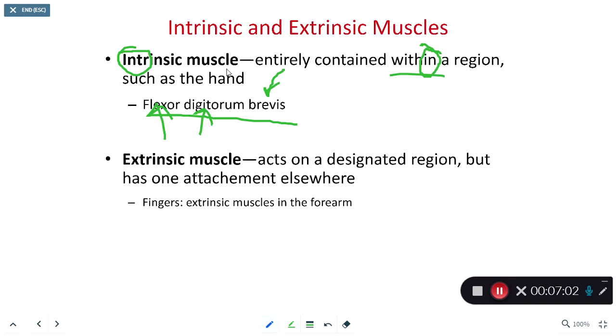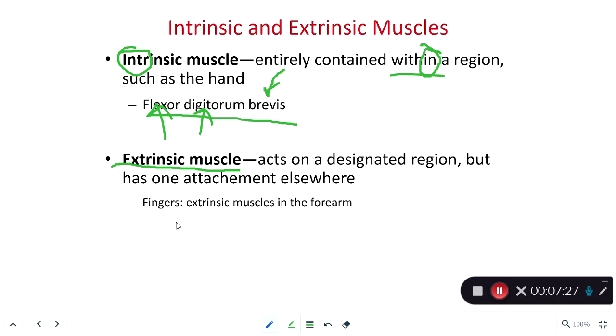Other muscles, such as extrinsic muscles, are going to be housed in one part of our body, but cause a separate part of our body to move. For example, if we look at our fingers, we have some extrinsic muscles on the forearm that are going to cause our fingers to flex or extend.